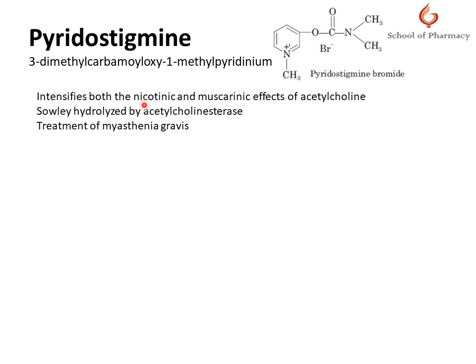This pyridostigmine is available as a bromide salt, and it is a white deliquescent crystalline powder having a characteristic odor and bitter taste. It is soluble in water, alcohol, chloroform, and it should be stored in an airtight container and protected from light.